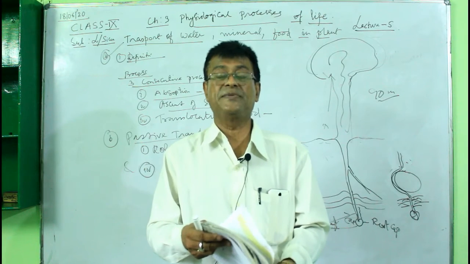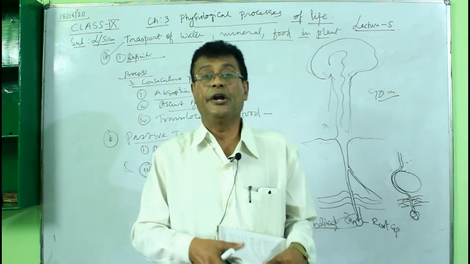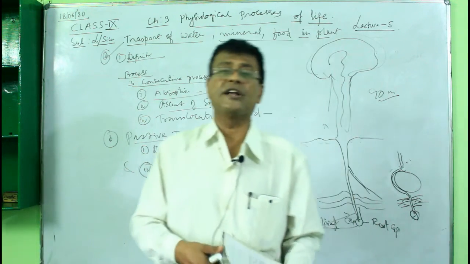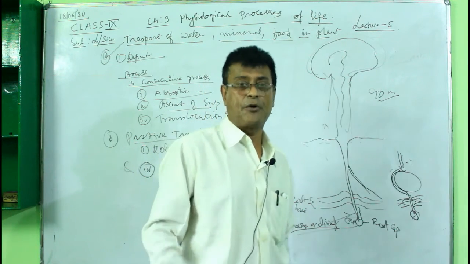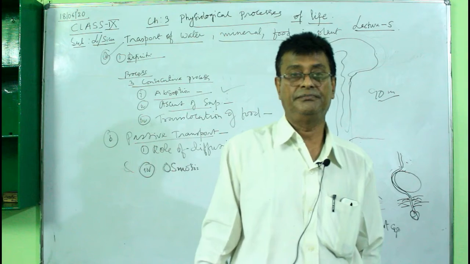So the food preparation has been done. Now there are two kinds of conductive cells. They are arranged in a proper way, known as the vascular bundle.